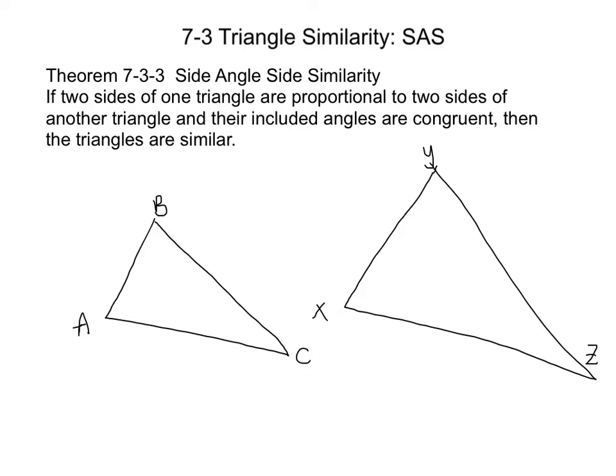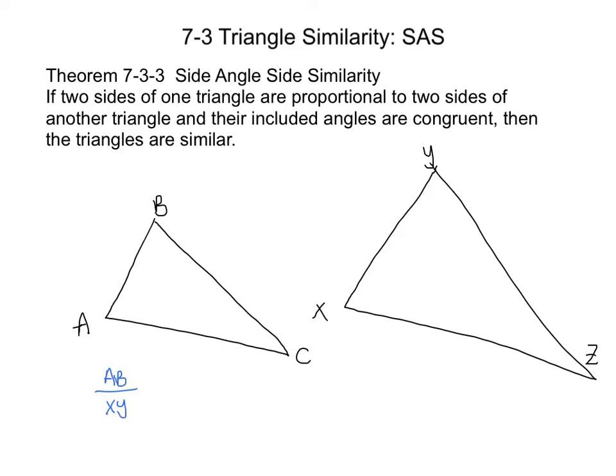If we have two triangles, triangle ABC and triangle XYZ. If you are told, let's say, that the length of AB over the length of XY, so what we're talking about is this left-hand side over the length of that left side there, the corresponding sides.